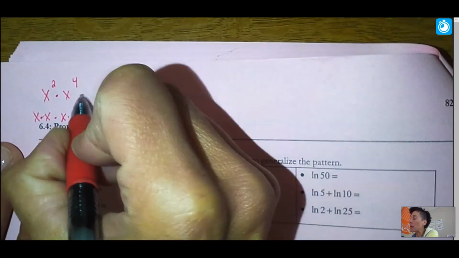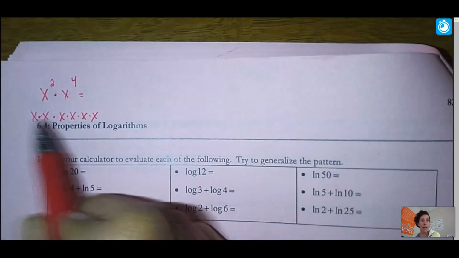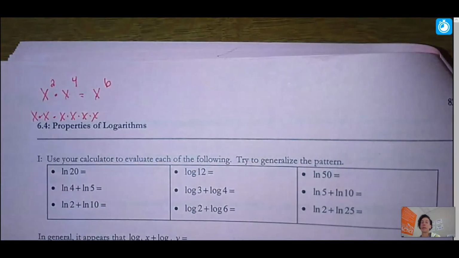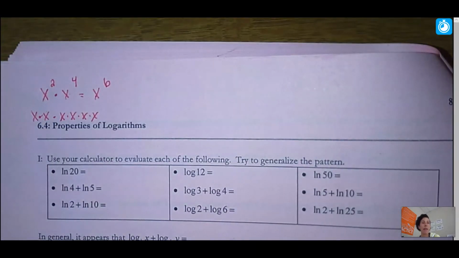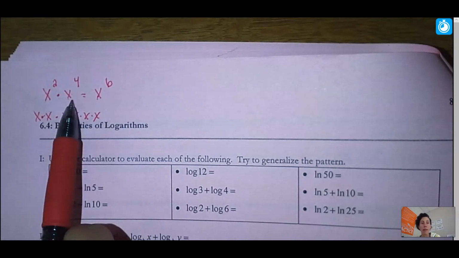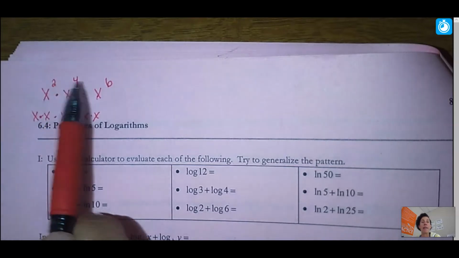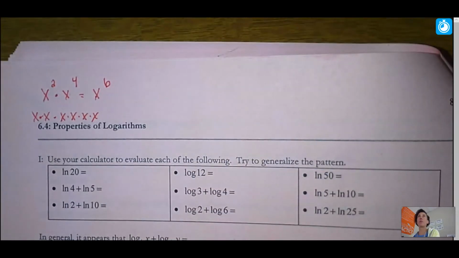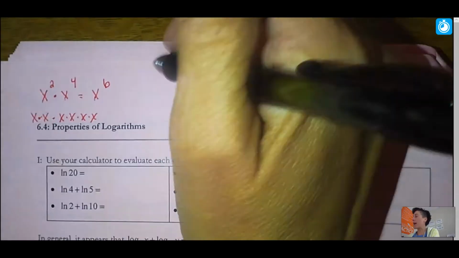And so there's this shortcut: if I look at how many x's are now multiplying, I've got 6 of them. The shortcut says if you are multiplying with the same base, you can just add the exponents. That is called the product rule, the product property.